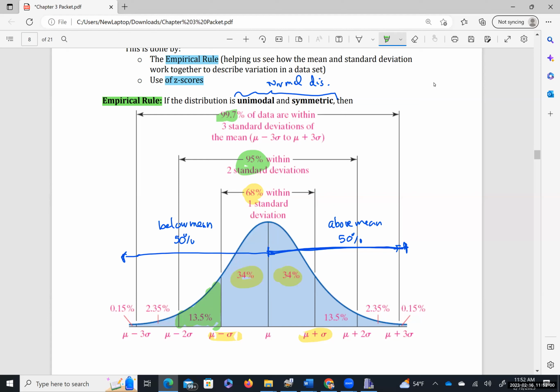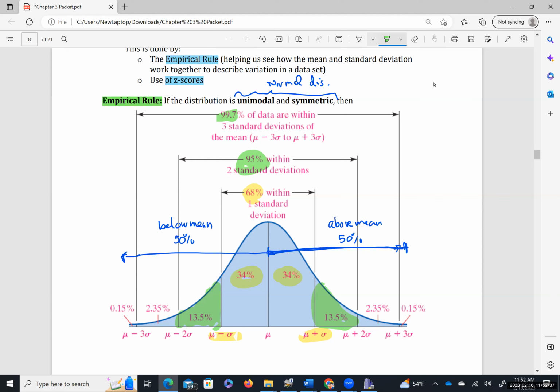The other side should be the same. And so on, we can have some smaller pieces, such as from the mean minus three standard deviations to the mean minus two standard deviations, going to be 2.35%. So I'm gonna just move to the next thing.